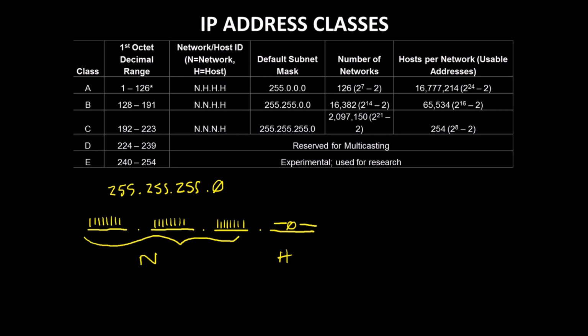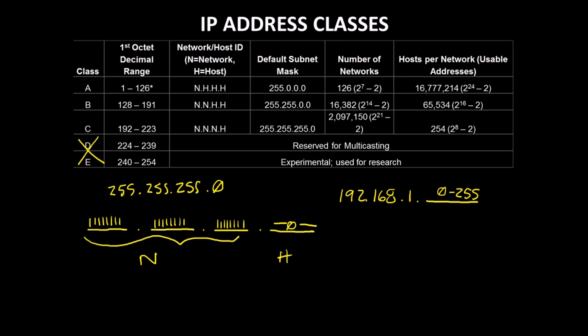So each one of these networks, let's say 192.168.1, will only have an available 0 to 255 hosts to work with. So you can have a great many networks in Class C, but not very many hosts on each one of those networks. Class D and E are a little specialized, so we won't be talking about those too much.